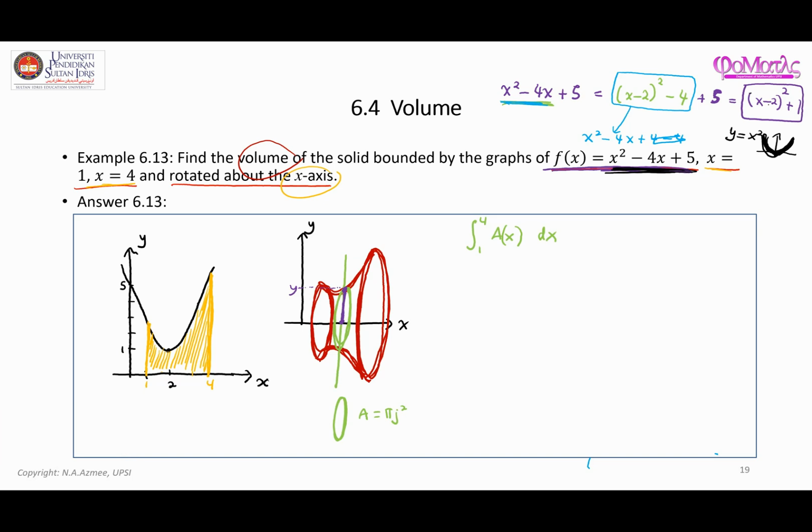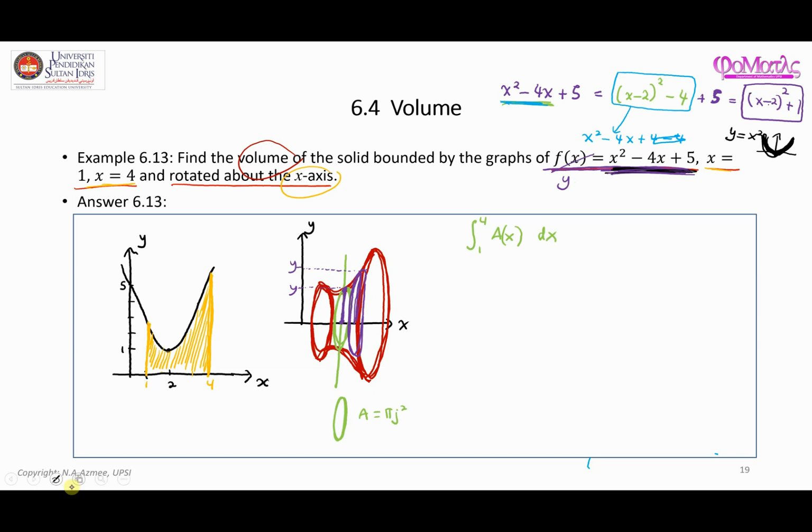Similarly, if you slice it somewhere else, for example on this part here, you can see that the radius is going to be larger, and you can read it from y, which is given by this function here: x squared minus 4x plus 5.